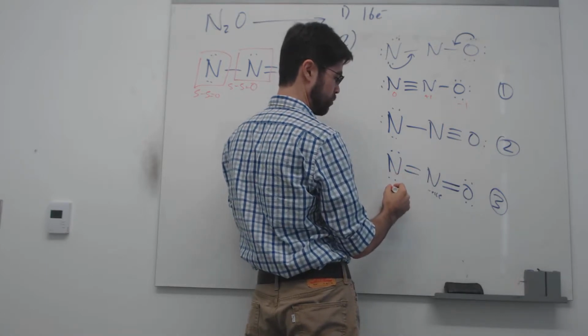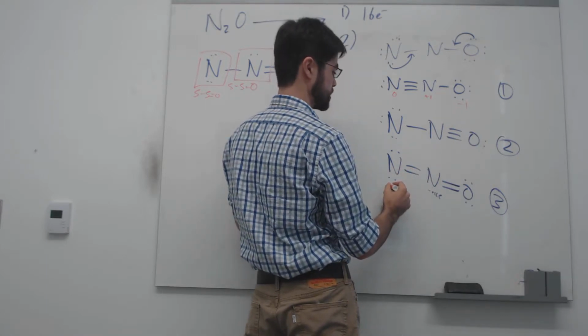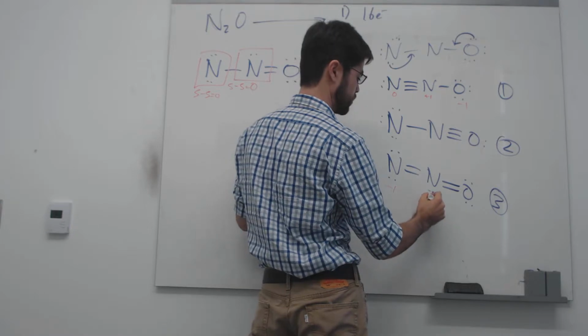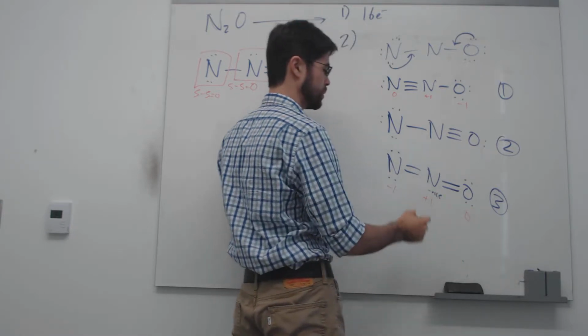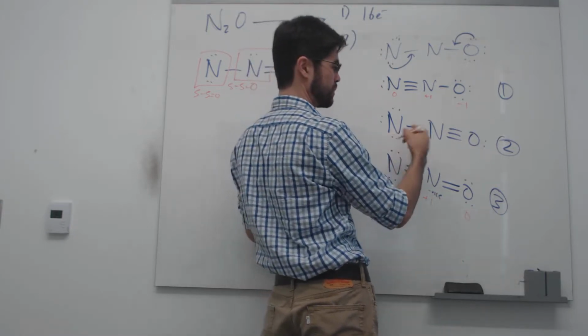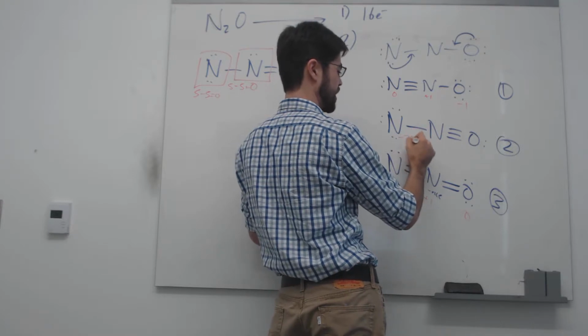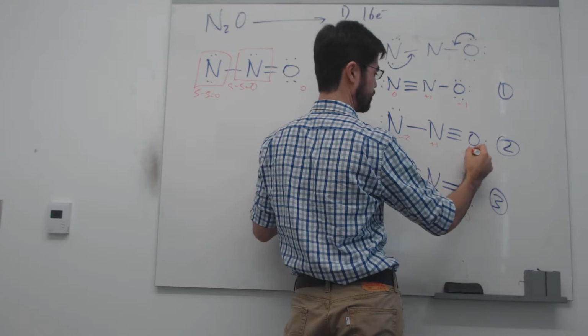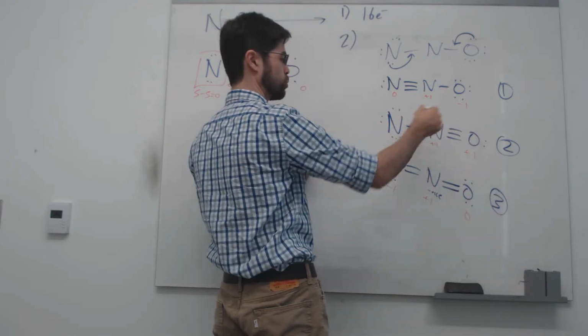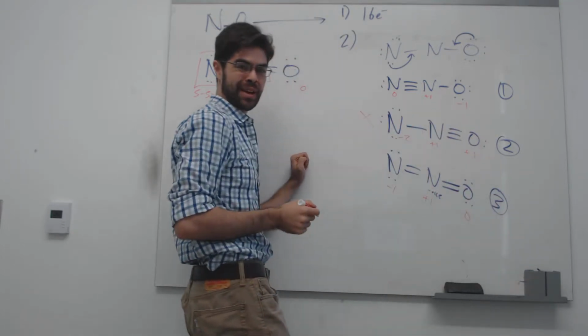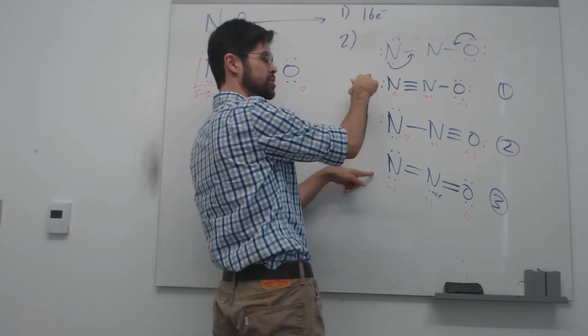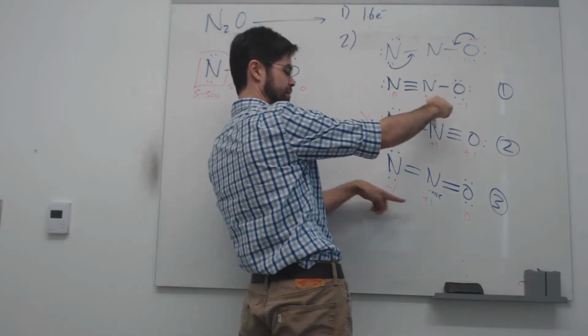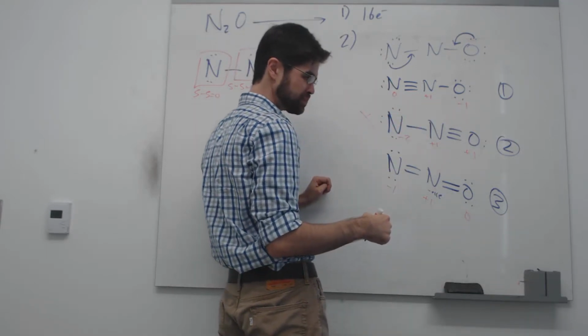This guy has a formal charge of -1, +1, and 0. This one is not so good because it has a formal charge of -2, +1, and +1. So this one has the most formal charges, so it's not really the best possible structure. These two are probably better because they have smaller formal charges.